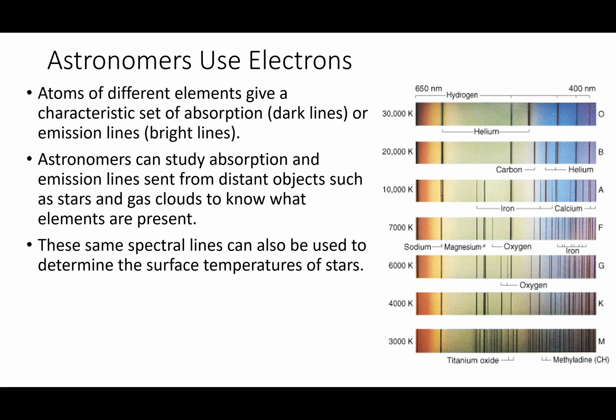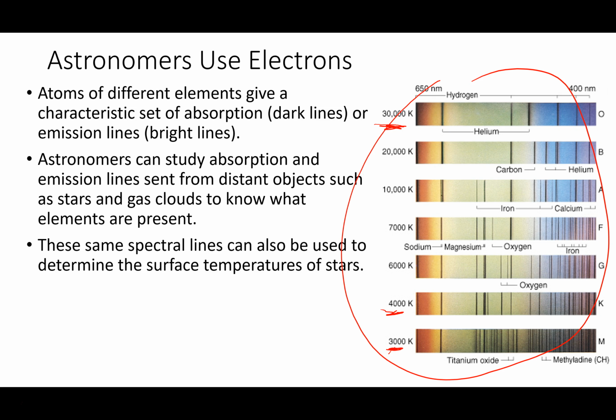Then I've got electrons creating absorption lines. The reason I'm covering this is because in astronomy, these would be like fingerprints of stars with a surface temperature of 3,000 Kelvin, a star with a 4,000 Kelvin surface temperature, or, heaven forbid, a hot star with a surface temperature of 30,000 Kelvin.